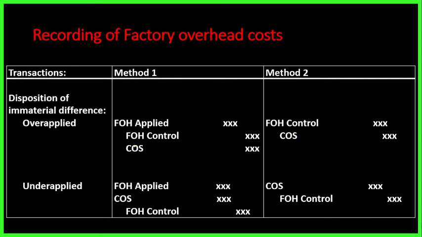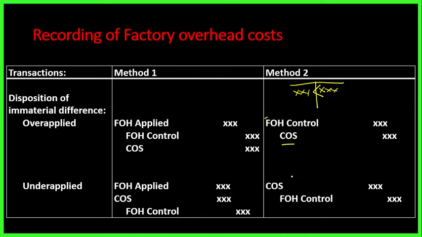For over applied, let's review: when do you have an over applied factory overhead? When applied is higher than your actual. So to close that, you get the difference and you debit that, so that your balance will be zero. It will all be closed to your cost of sales. If it's under applied, you just reverse the entry. It will be a debit to cost of sales and a credit to factory overhead control.